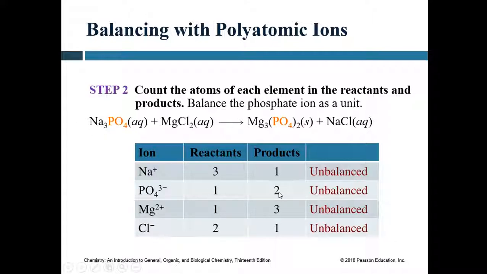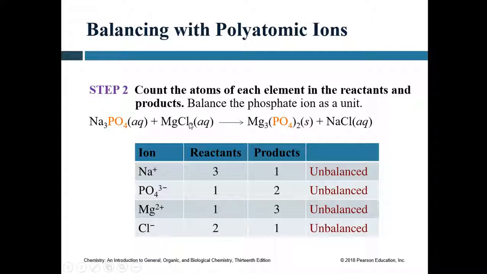Now that our phosphates are balanced out, you may think, how am I going to balance out the 6 sodiums? Because I had the 2 here, remember? 2 times 3 is 6. Well, come over here in front of the NaCl and let's put a 6 there. That gives me 6 sodiums on our product side, just like we have 6 sodiums on the reactant side. Now we have 6 chlorines.